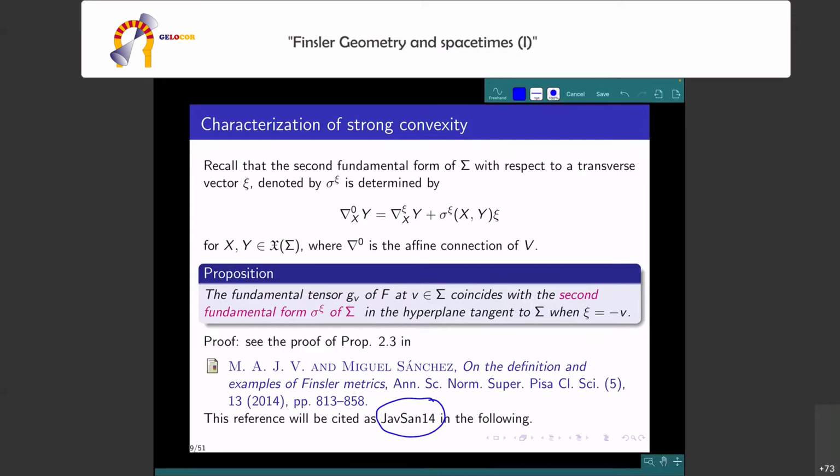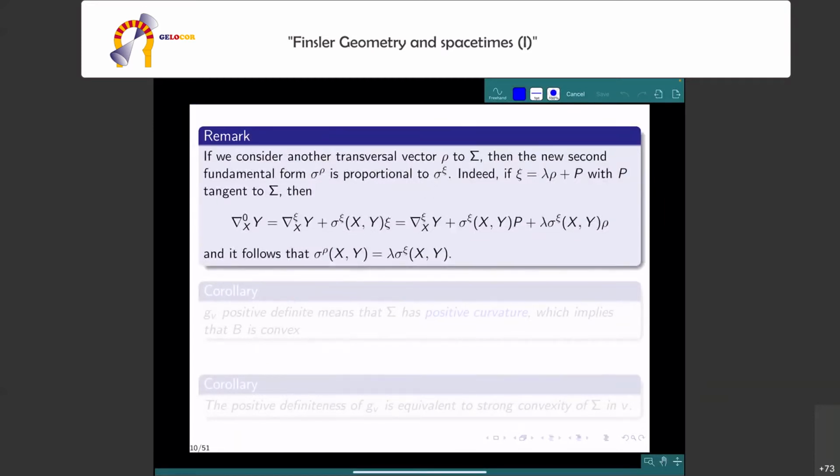So what happens when you consider another transverse vector? You obtain a different second fundamental form, but it is proportional to the first one. Why? Because if you consider another transversal vector rho, then you can express psi as a combination of a part proportional to rho and a part P tangent to the hypersurface.